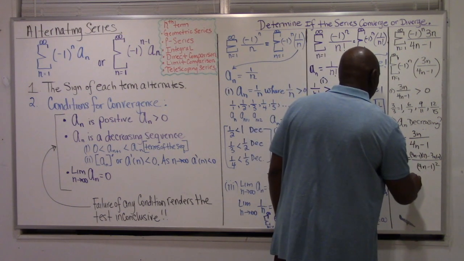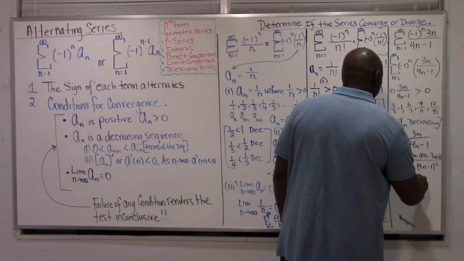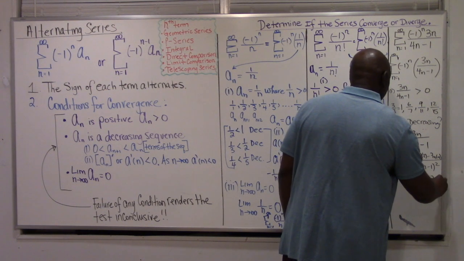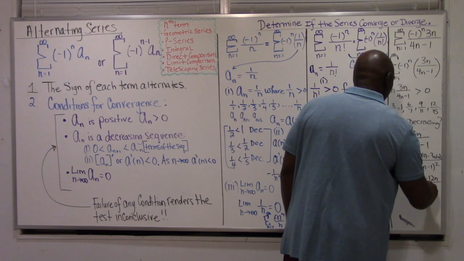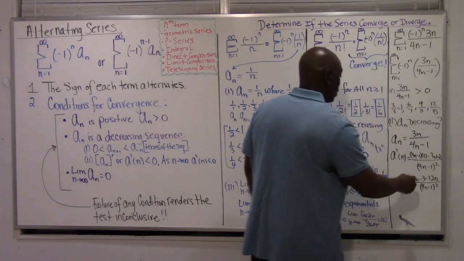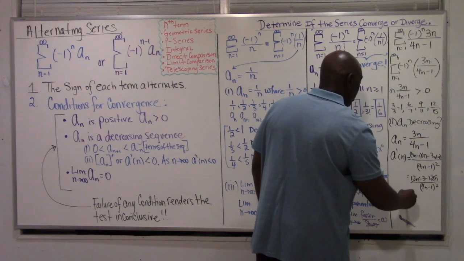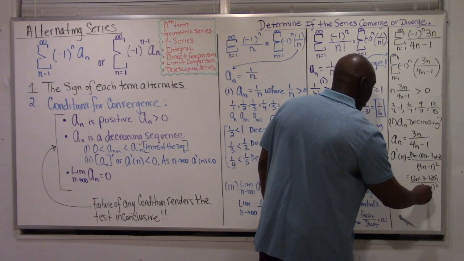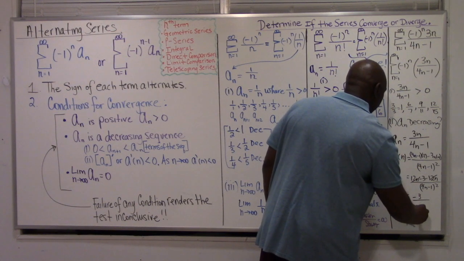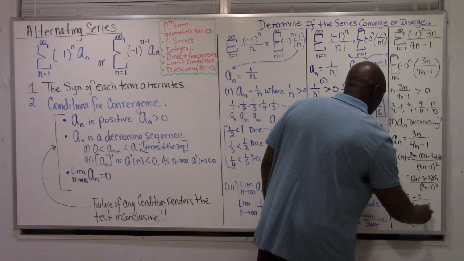Which is going to give us 12n minus 3 minus 12n, all over 4n minus 1 squared. Notice the 12n's cancel out, and that's going to leave me with negative 3 over 4n minus 1 quantity squared.